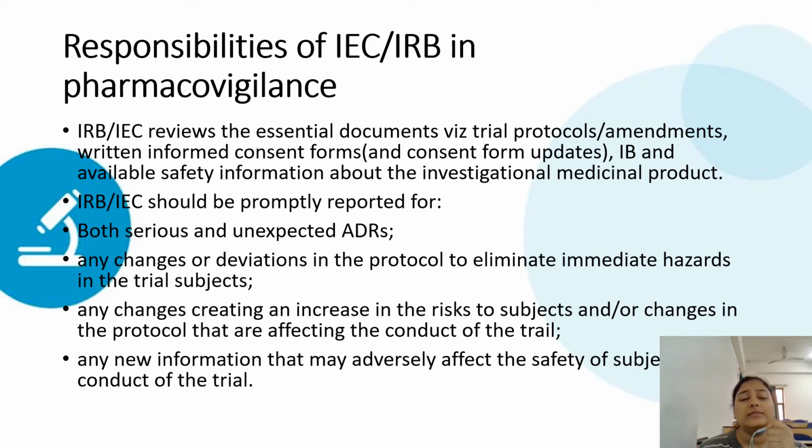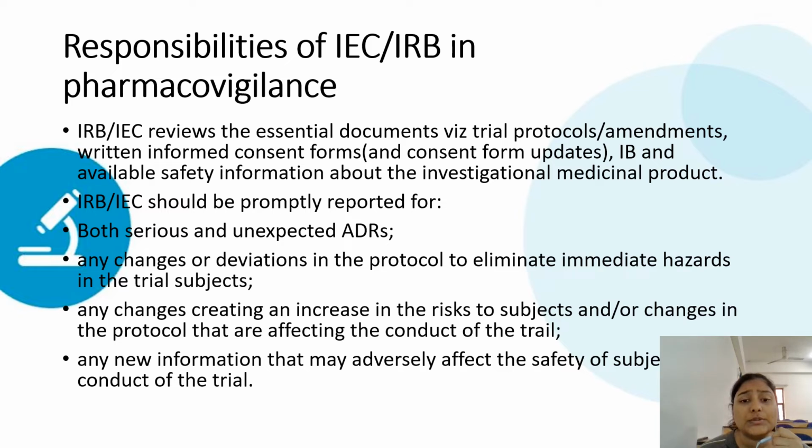Then responsibilities of IEC or IRB in pharmacovigilance. IRB or IEC, they review the essential documents like trial protocols or amendments, written informed consent forms, IB, and available safety information about the investigational medicinal product.